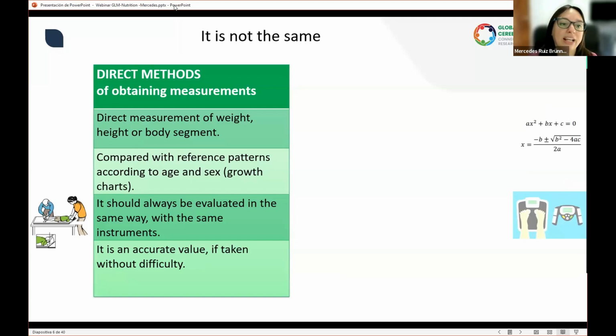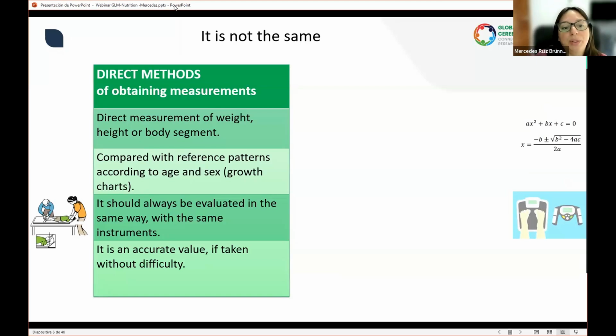One is the direct methods, and one is the indirect methods. We should know that the characteristics of each one are very different. Direct methods are, for example, when a person is on the scale and we have the weight, the height, or the body segments. These are direct measurements.